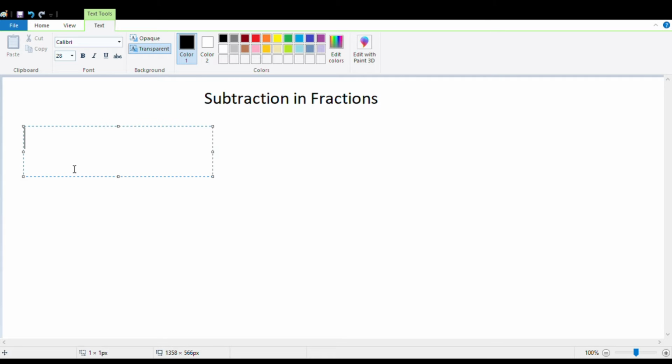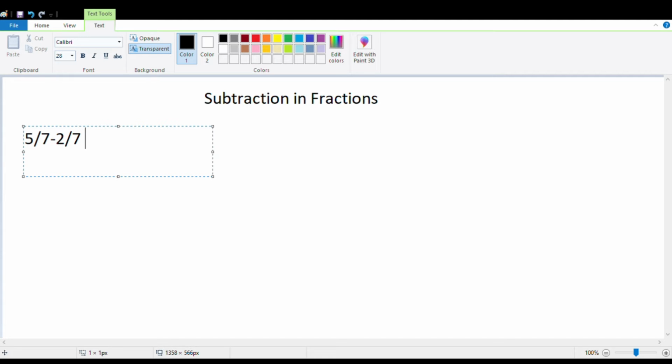Now we'll look into sums in subtraction. Subtraction and addition are basically almost the same, the formula is the same. For example, 5 by 7 minus 2 by 7.